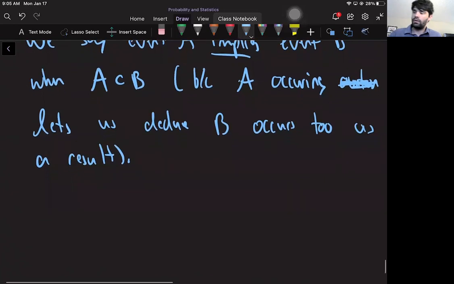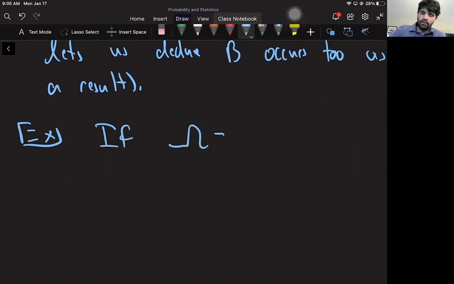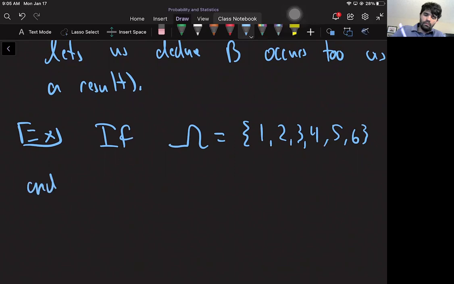Okay, let's do a little example of this. So let's use a smaller set as our sample space. We'll just do rolling a single die again. And let's think about 3 events together.